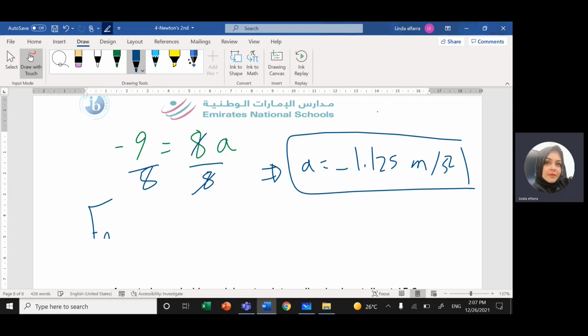I need F net, and now I can apply Newton's second law, mass times acceleration. Mass is 11 times 1.125. Ignore the negative, it is just for direction. This will give us 12.4 Newton.